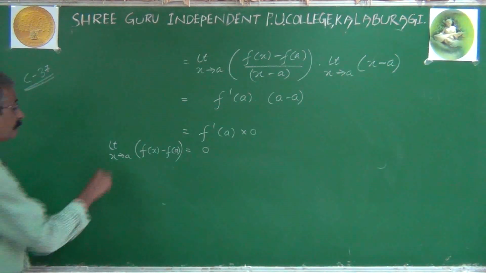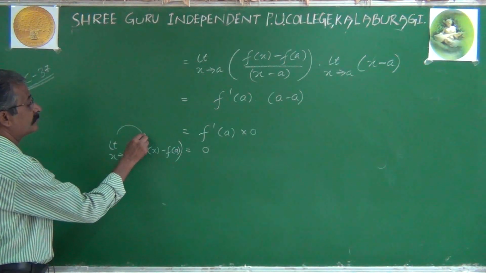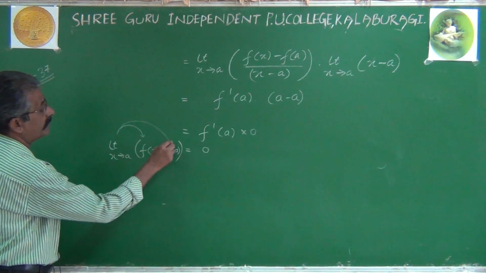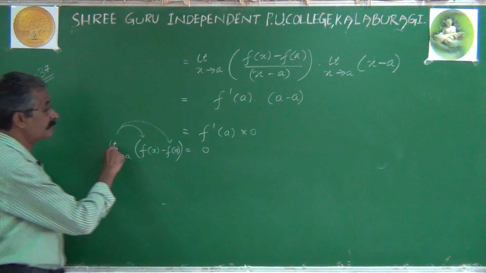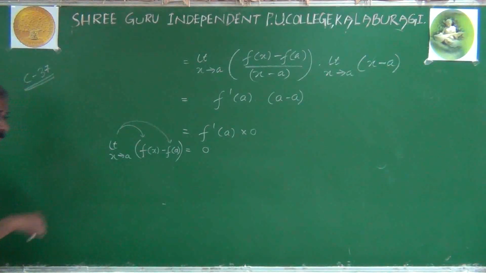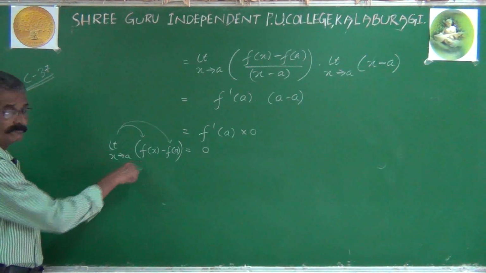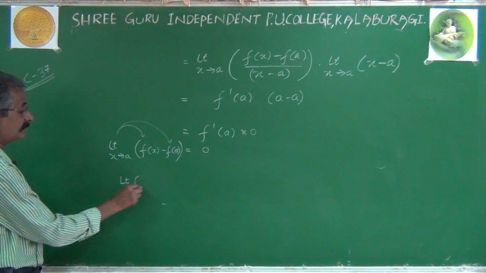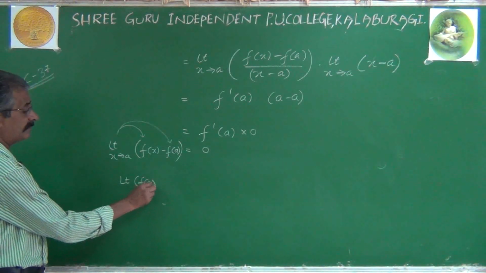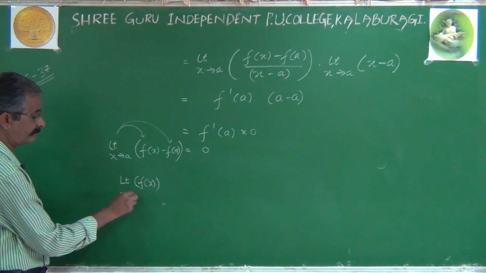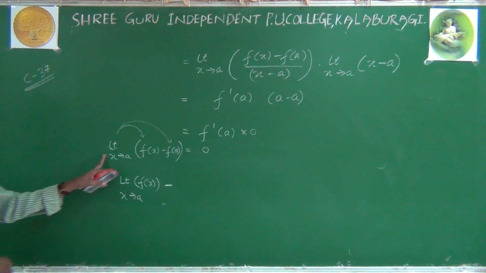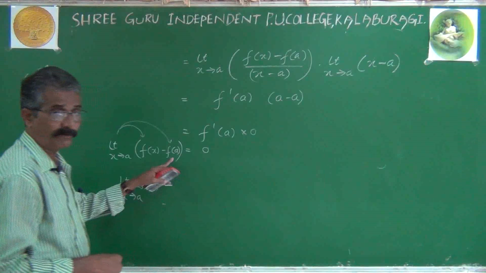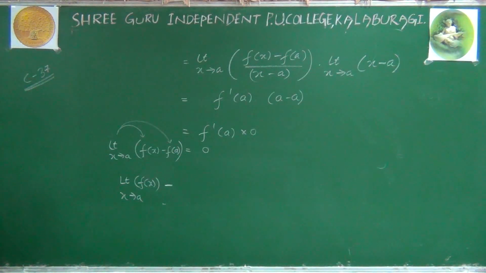Further, we can impose the limit for the first term minus the limit for the second term by well-known limit properties, means limit of a sum of functions is equal to the sum of limits. So the first term will be the limit of f of x as x tends to a, minus, when we apply the limit for the second term, which is f of a. What is f of a? Constant.